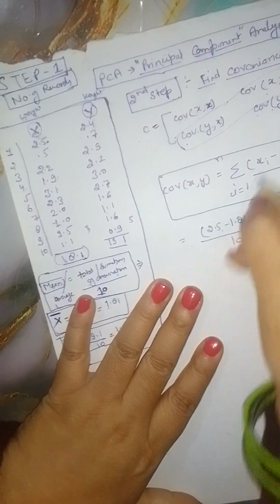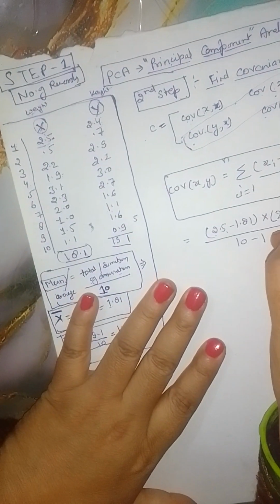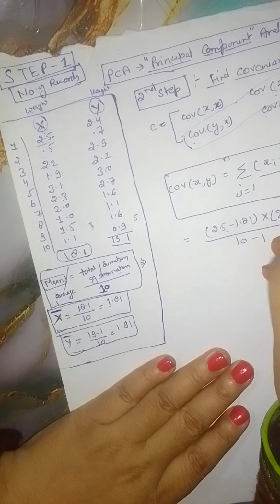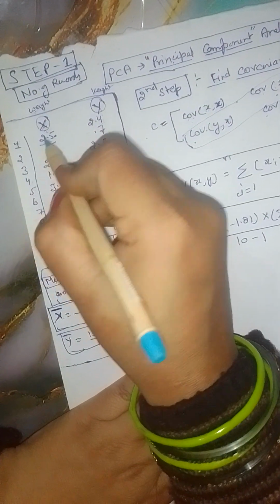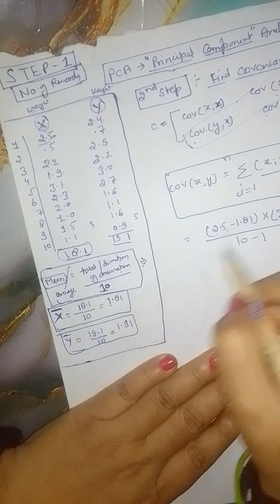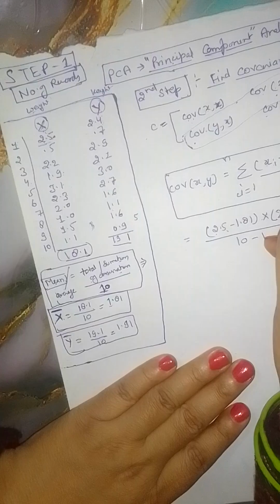Where did 2.5 come from? It is xi, the first value of x, 2.5, minus x bar. So what is x bar? 1.81. We take 2.5 as x and subtract 1.81. That would come as xi minus x bar, fine.